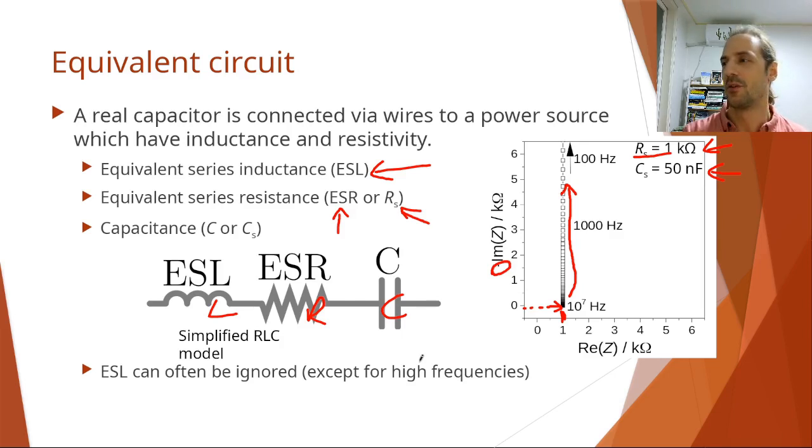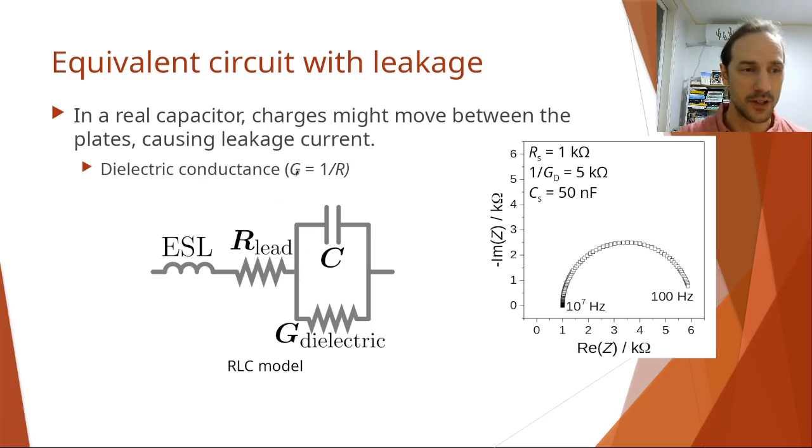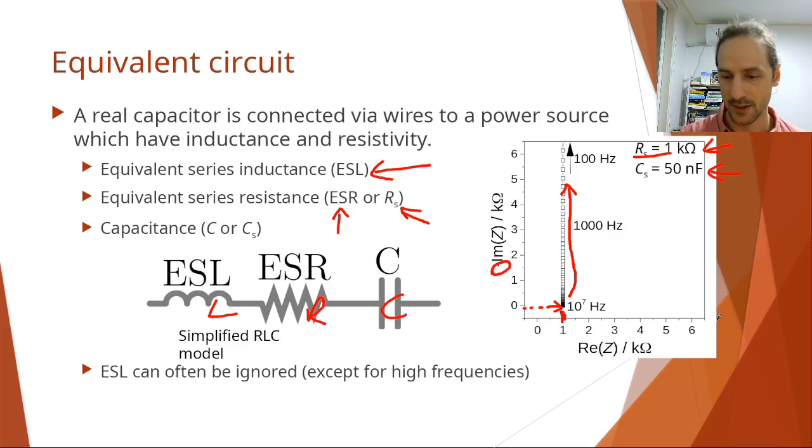In general, even the best dielectrics will have some leakage current, so we need not just a series resistance, but also a conductance of this dielectric, so some of the parasitic current or leakage current will flow through. Conductance is just the inverse of the resistance, so there's not much going on here. But if we have 1 kilo ohm for the series resistance and then 5 kilo ohm for the capacitor itself, and we keep this 50 nanofarad the same, you can see in this graph we have the exact same axis.